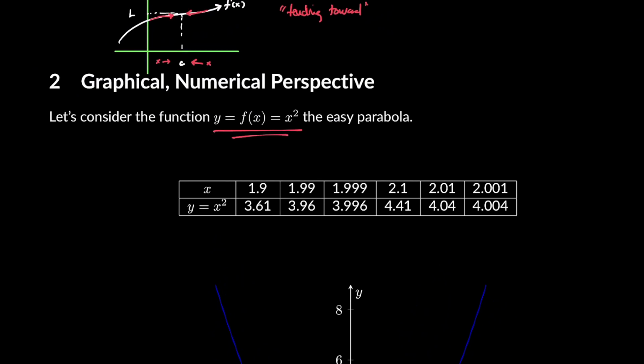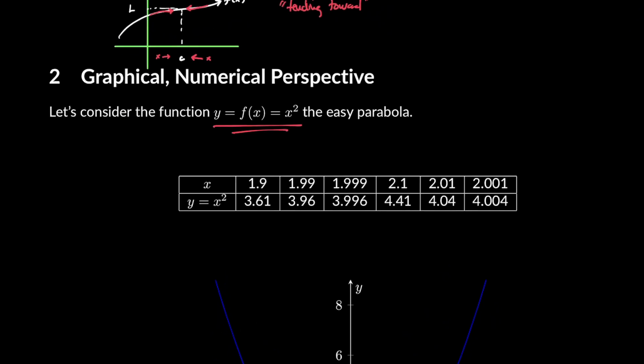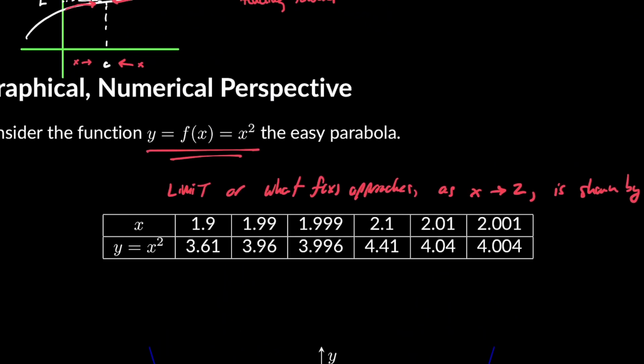So let's consider the simple function f of x equals x squared, the parabola. The limit, or what f of x approaches as x approaches 2, is shown by this table down here. So what do we see?